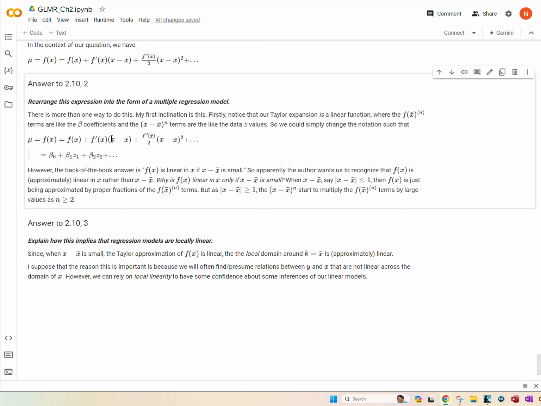Now, but imagine what happens when we're far away from x bar. In other words, x minus x bar is large, and for this we'll just say that it is greater than 1. Well, then all of a sudden, some of these terms, especially as we start to have exponents on x minus x bar, like squared or cubed or whatever, become very large numbers very, very quickly. And so now all of a sudden the relationship between x and mu is not linear at all.